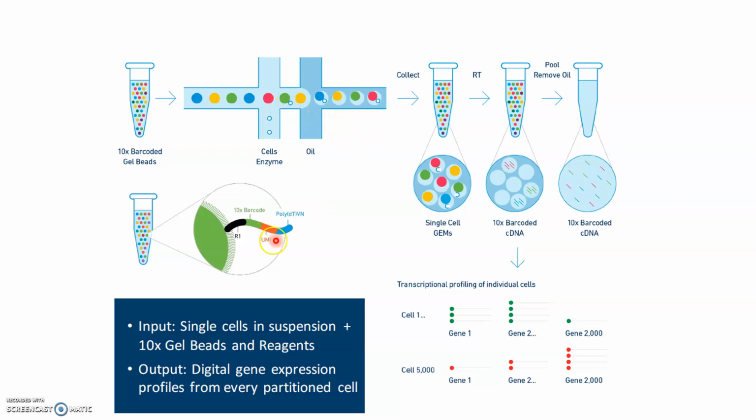And basically we tag these with a specific barcode. Once we have our sequencing data back from our NGS sequencer, we can then use that specific barcode that's now part of our short sequencing read to trace it back to a cell of origin. In this way, we're able to get the gene expression profiles on a per cell basis.